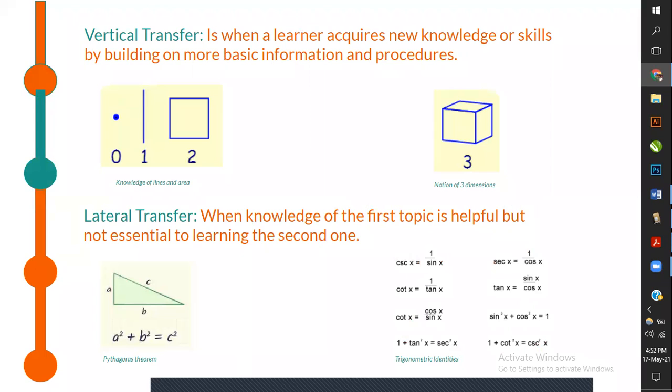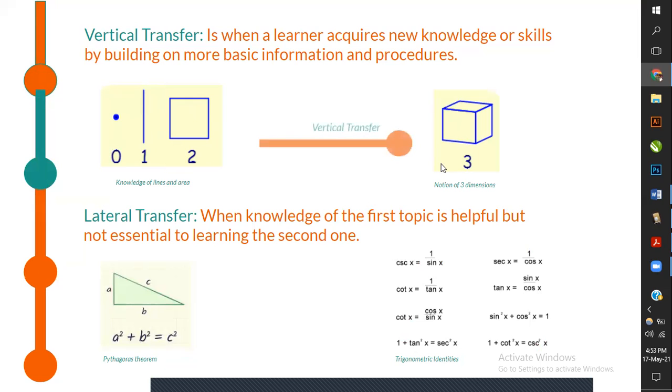Vertical transfer is when a learner acquires new knowledge or skills by building on more basic information and procedures. For example, knowledge of lines and area: we may know that a dot is actually 0 dimensions. One dimension would lead to just a line, and two would lead to a 2 dimension, which would be area.